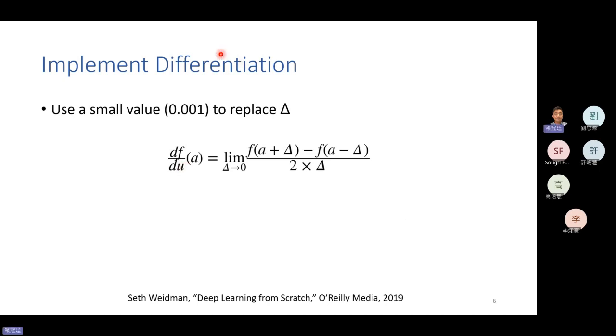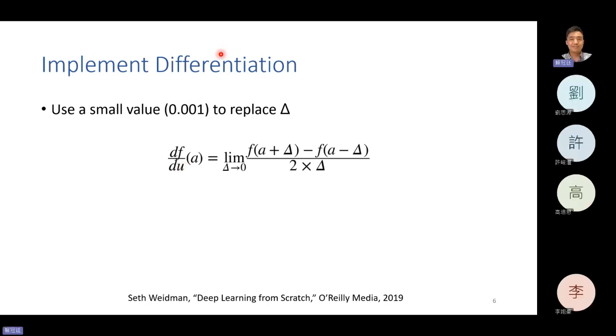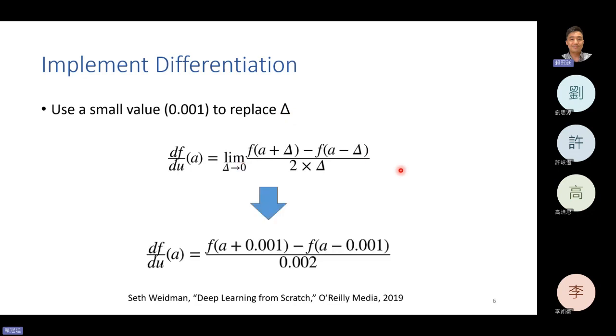Okay, so let's implement the differentiation using programming. As I said, we prefer this definition of derivative, right? We use a small value change. In practice, we don't need to derive the formula. If we want to implement it in Python or C++ or any language, we just use a small value to replace the delta, and that's enough to calculate the derivative.